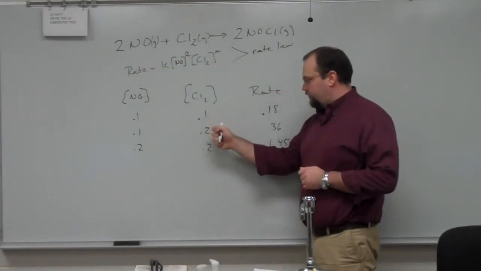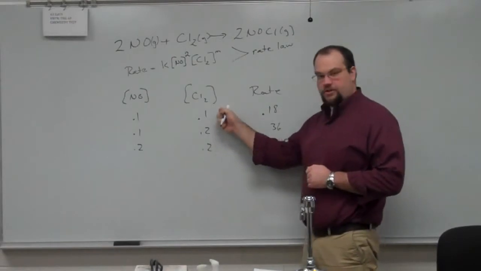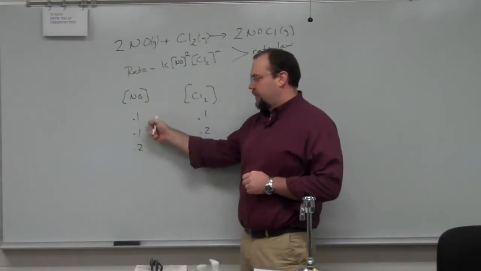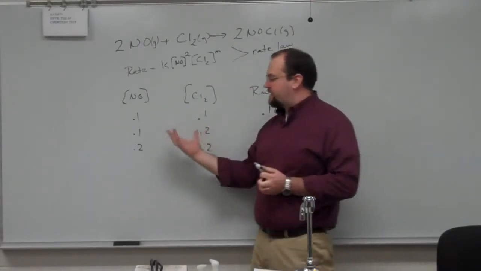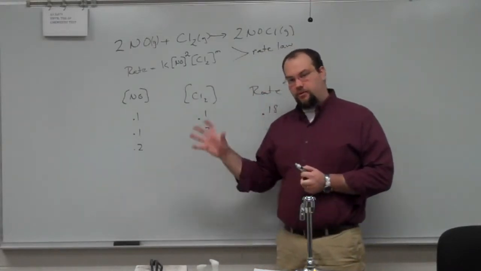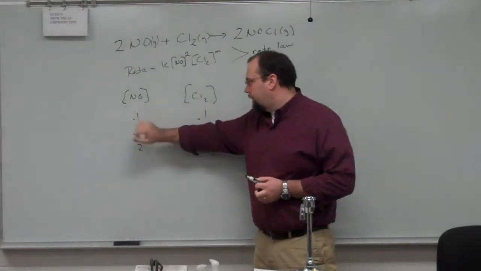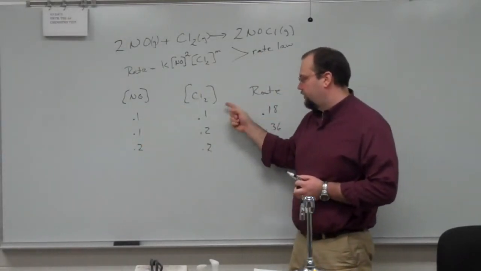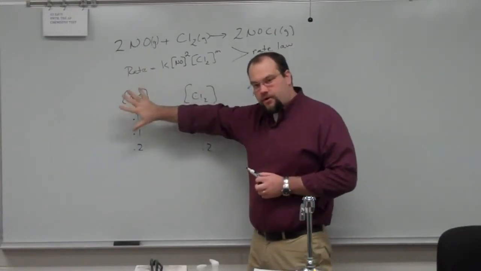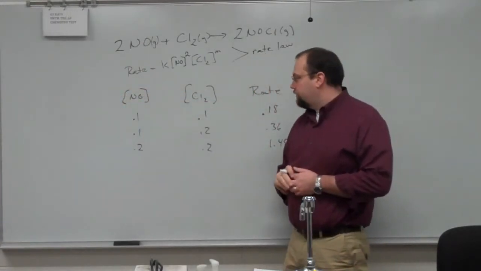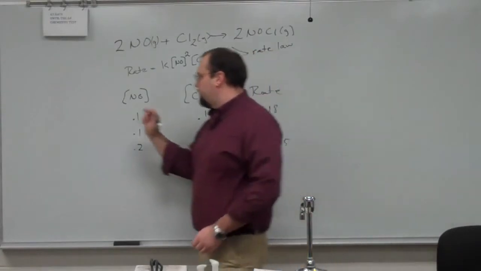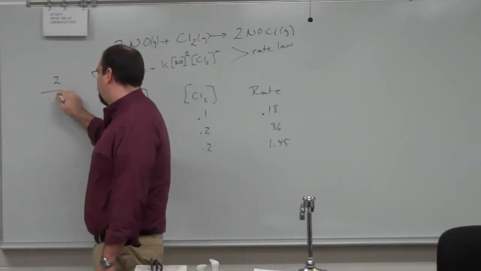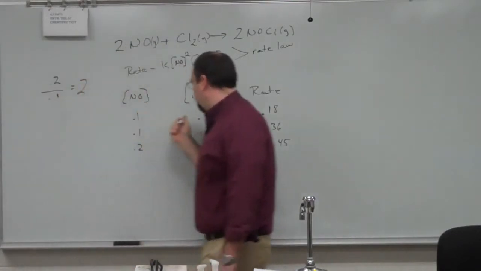So we're looking for a trial where the Cl2 concentration doubles, but the NO concentration remains constant. Because remember, when we do this, one has to stay constant. We can only look at one thing at a time. Between trials 1 and 2, Cl2 doubles, but NO stays the same, so NO is not affecting our results. The concentration of Cl2 goes from 0.1 to 0.2, that's a doubling.